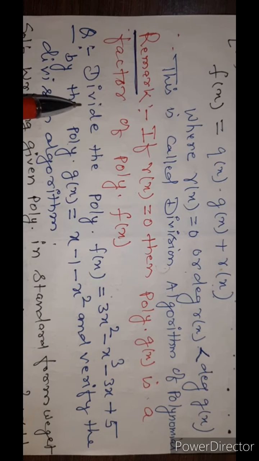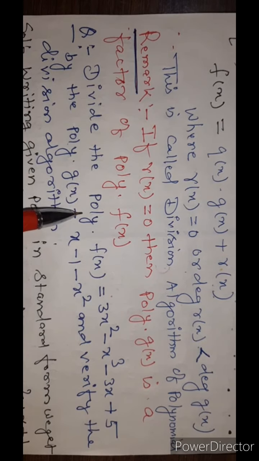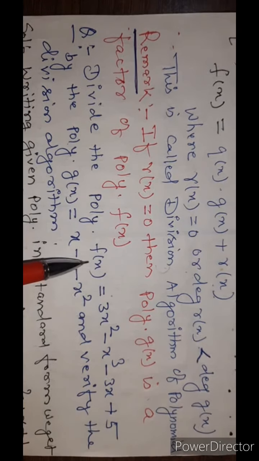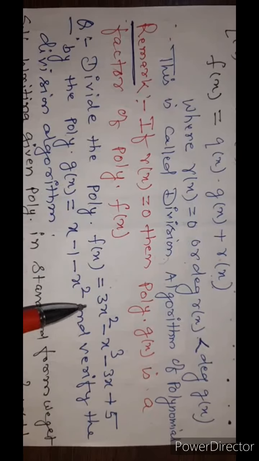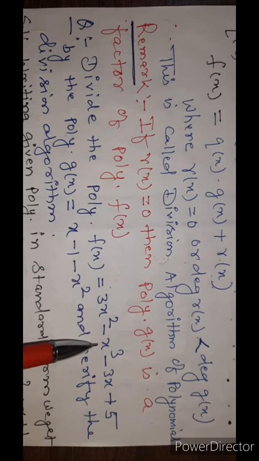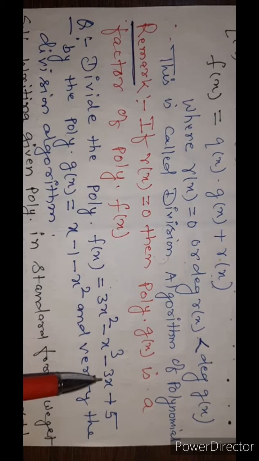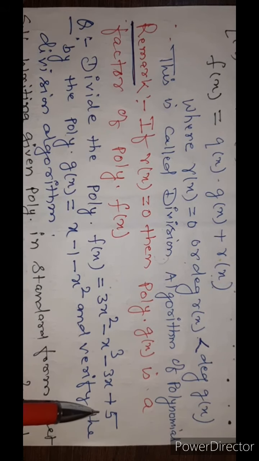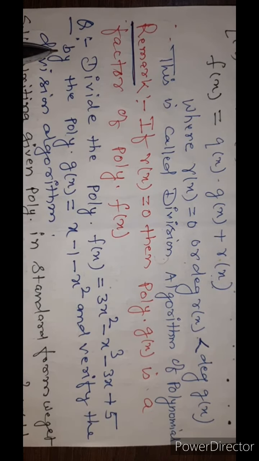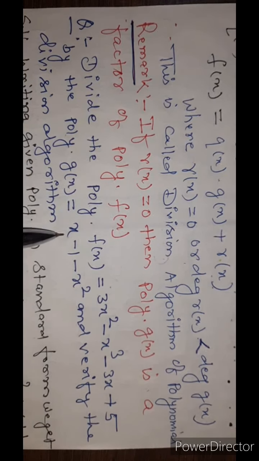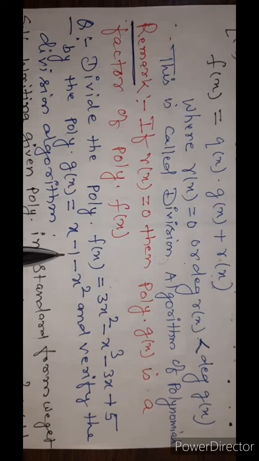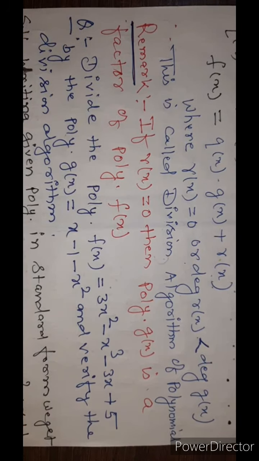The question is here: divide the polynomial f of x is equal to 3x square minus x cube minus 3x plus 5 by the polynomial g of x is equal to x minus 1 minus x square, and verify the division algorithm.